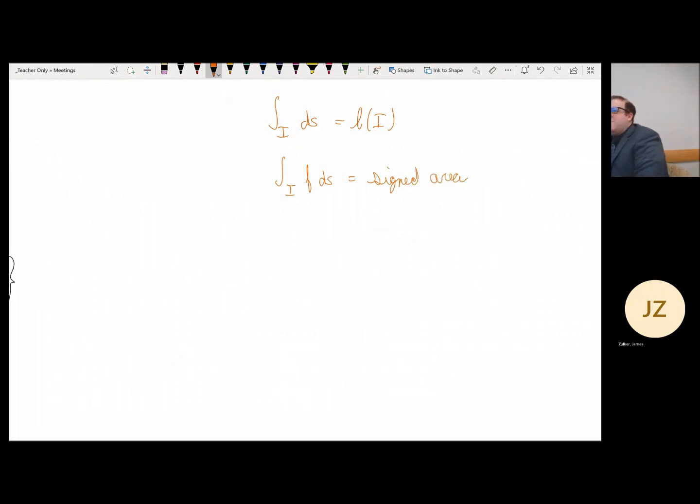If you integrate over an interval of f with respect to the length differential, whatever your variable happens to be, it's a signed area between the positive axis and the curve.